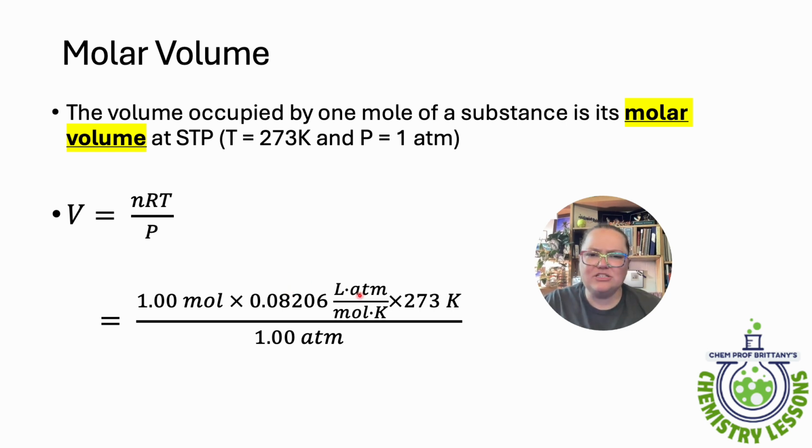The gas constant values are reference numbers, so you should be able to find them. You should be comfortable with using them. You probably also should memorize them. If we plug all of this in, we get 22.4. Hopefully that number sounds familiar to you because it is something that we use when we're doing mole calculations.